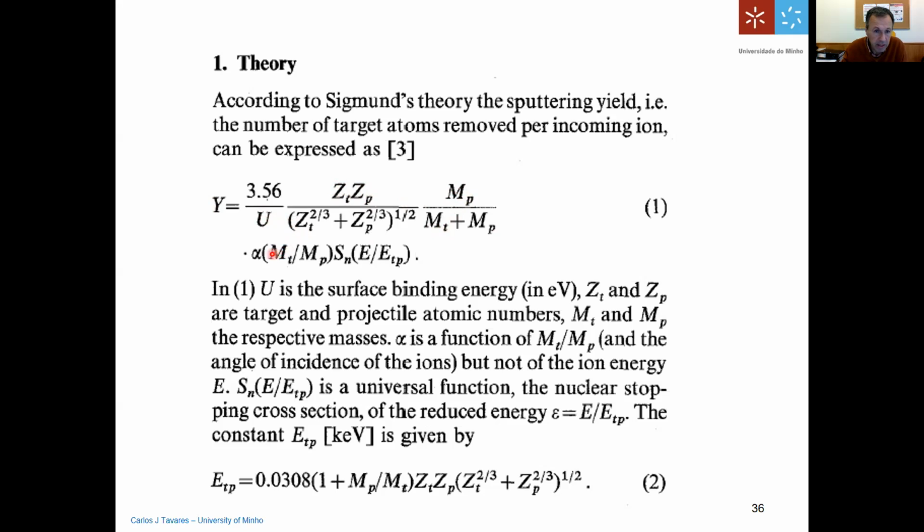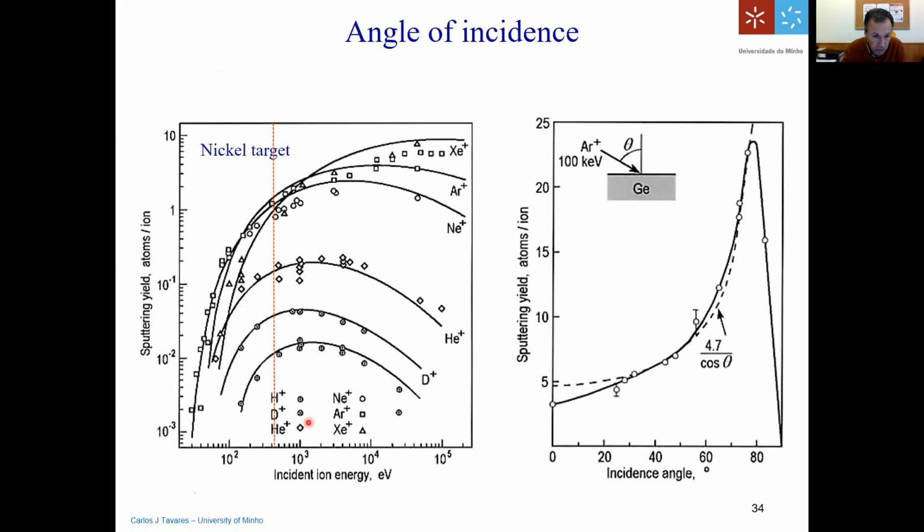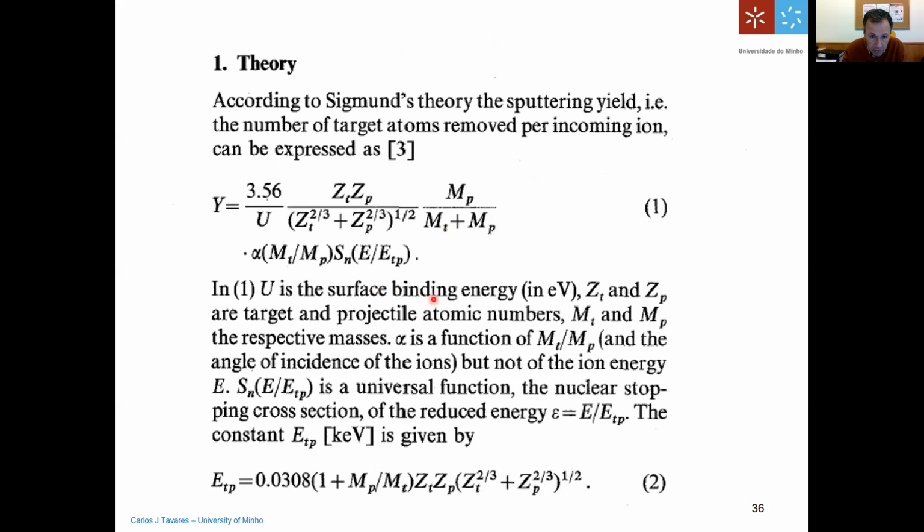Then you have this alpha function, which was very difficult to determine at that time. You also have a function of the energy of the ion. For example, if you use 500 volts, then the energy should be 500 electron volts, so it should be this value of E that you have here. And this function ETP is given here.